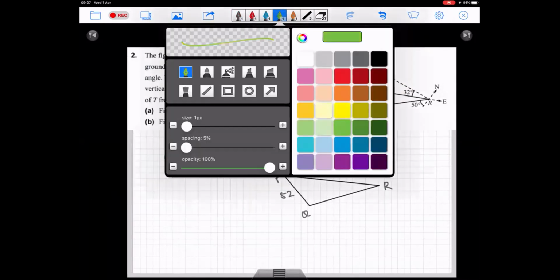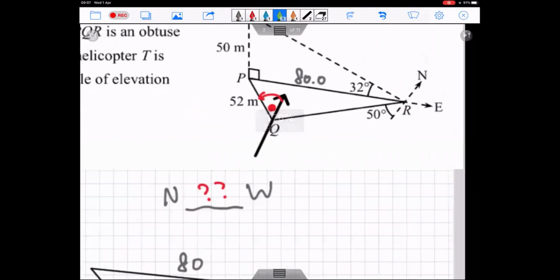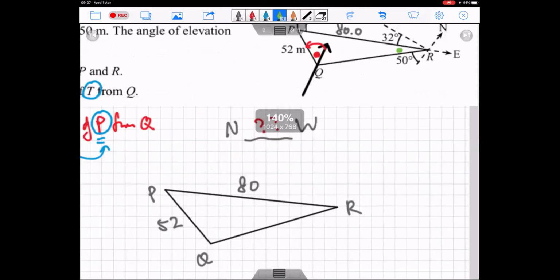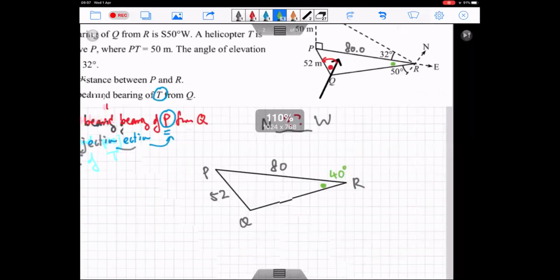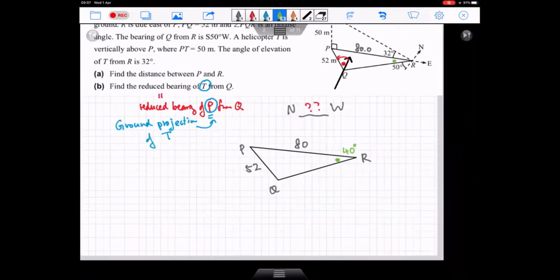This green angle turns out to be 40 degrees, am I right? So we have an SSA situation here, and we want to find the red angle using SSA, all right? But SSA may be the ambiguous case. There might be two answers in the SSA, all right?